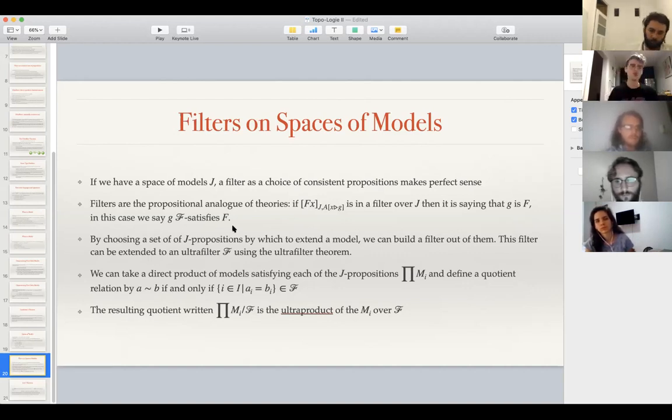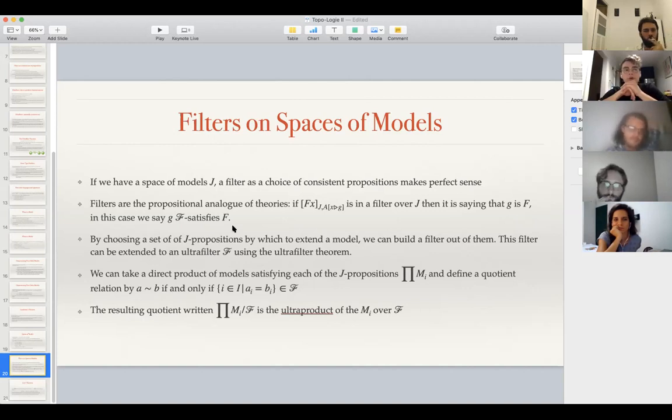If we choose a set of J propositions by which to extend the model, for example, we can take base propositions, which are like the axioms, whatever they want to be. Now that we have a notion of proposition sets, we can filterize those propositions.